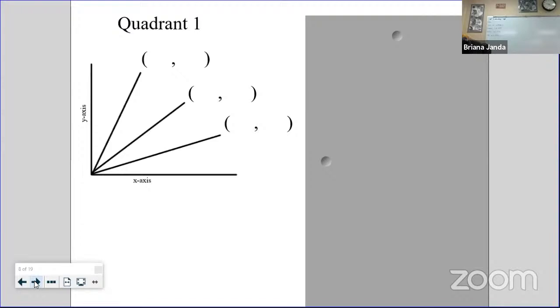Okay, so what was quadrant 1? If I put all of that together, going small to big, my angles would be a 30-degree angle, a 45-degree angle, and then the biggest one was a 60-degree angle. In radians, that would be my smallest angle being pi over 6, my middle angle being pi over 4, my biggest is pi over 3.